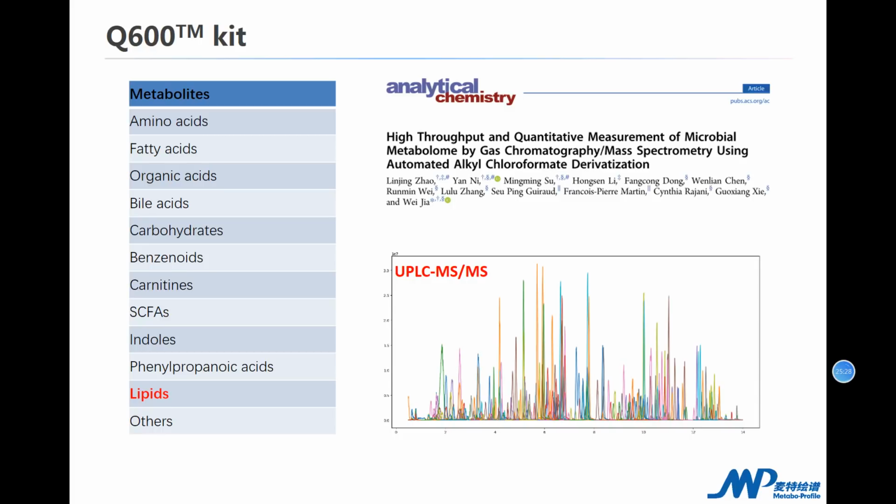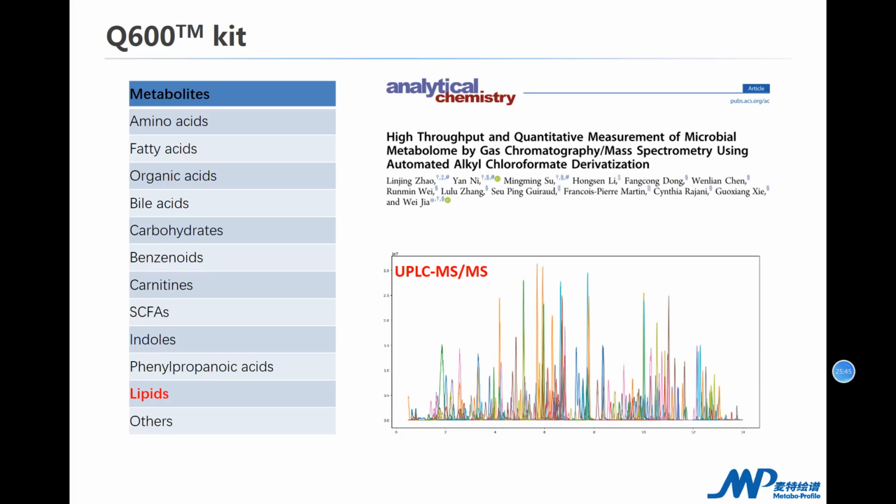In fact, the upgraded version Q600 kit is under development. Except for all the metabolites in Q300, Q600 can detect over 300 lipids.